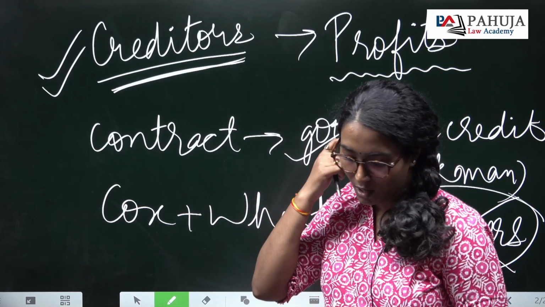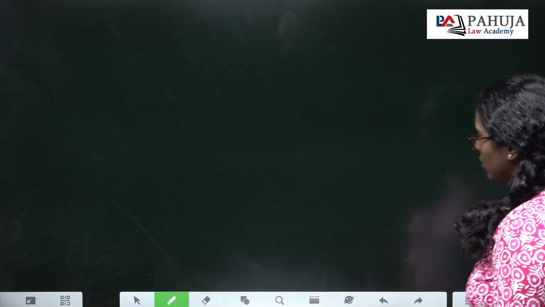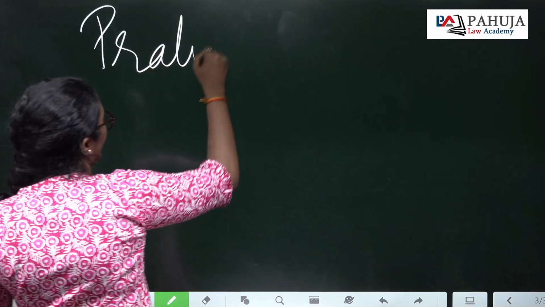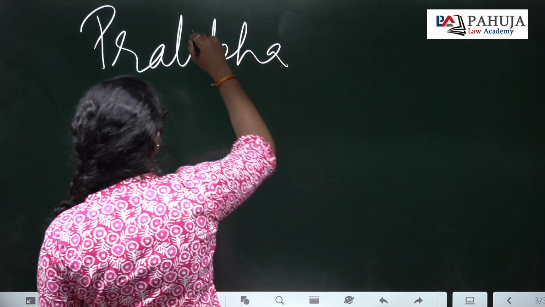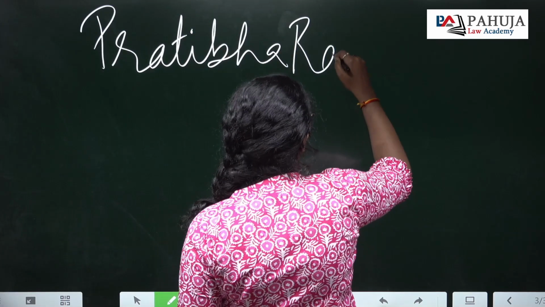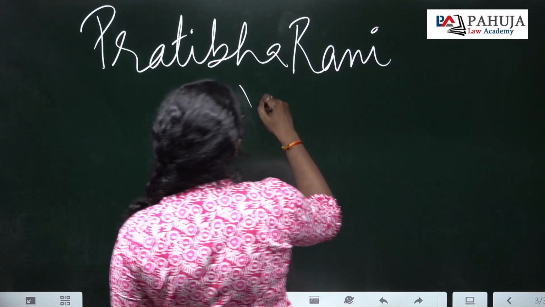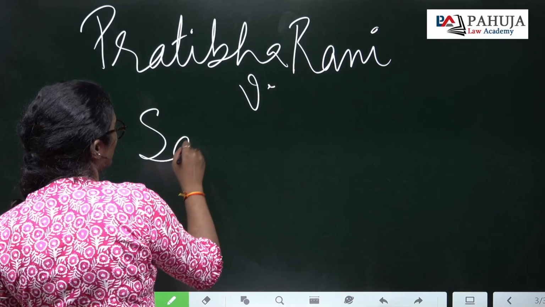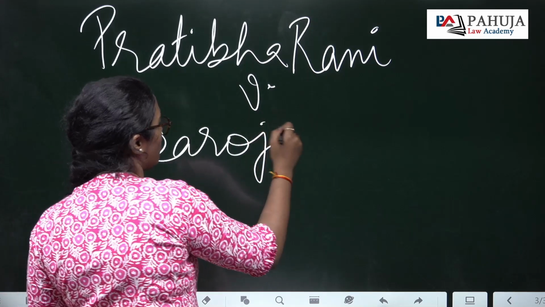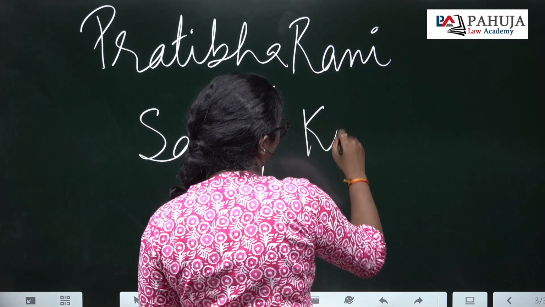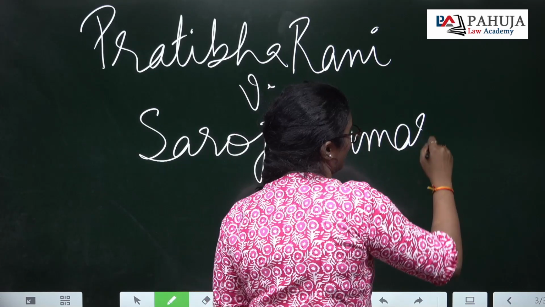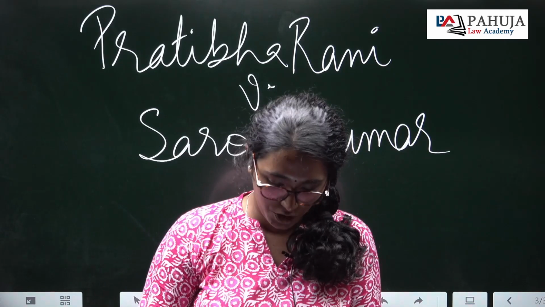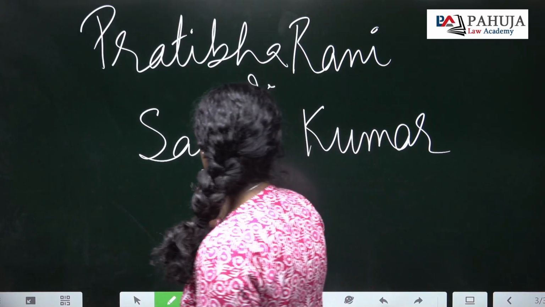Similarly, in another case, Pratibha Rani versus Saroj Kumar. In Pratibha Rani versus Saroj Kumar, what happened was that Pratibha Rani gave her Stridhan to Saroj Kumar, who was her husband.